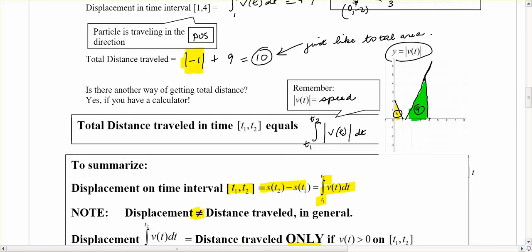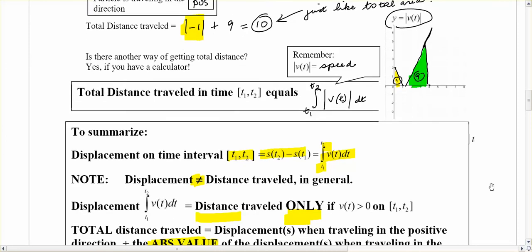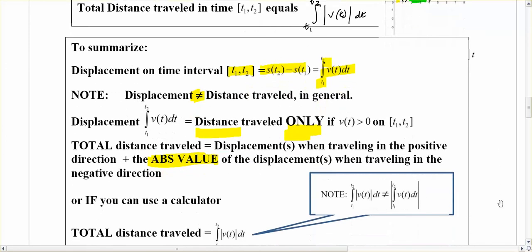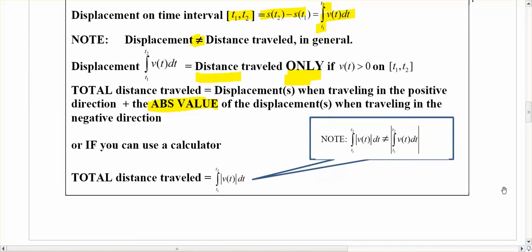When you're traveling in the negative direction, your displacement is going to be negative, and so I need to take the absolute value of that to get the total distance. Or if it's a calculator active problem, then you can cut to the chase and do it all in one fell swoop and just simply take the definite integral over the time period of not the velocity function but the absolute value of the velocity function.